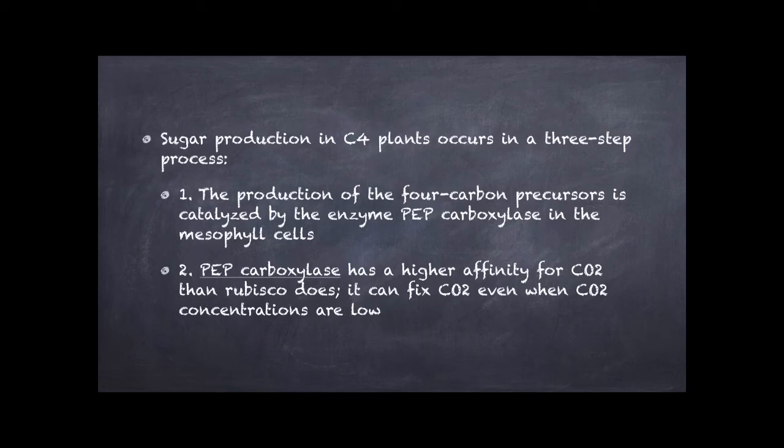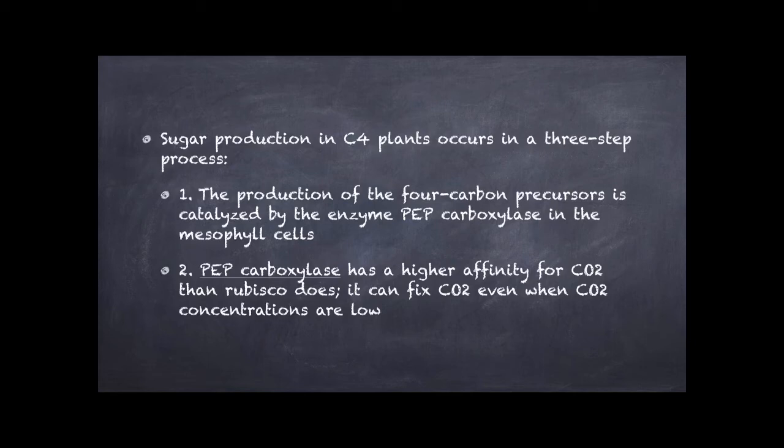Sugar production in C4 plants occurs in a 3-step process. The first step is in the mesophyll cells, where you have an enzyme called PEP carboxylase, which will add carbon dioxide to PEP, forming a 4-carbon compound.